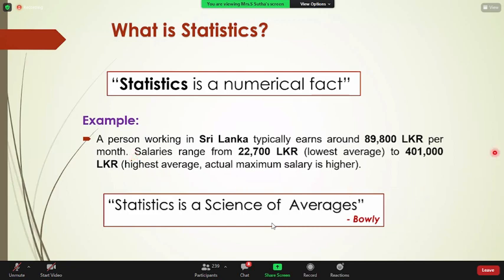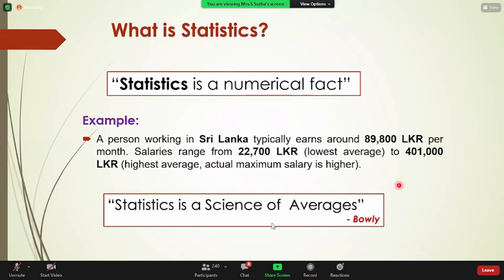In this statement, there are nearly 3 numbers listed: 89,800, 22,700, 401,000. These are the 3 numerical numbers. Each and every numerical number has meaning. What about the first number, 89,800? What does this number say?